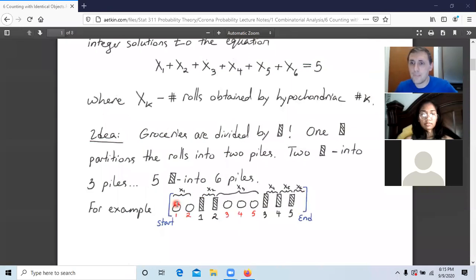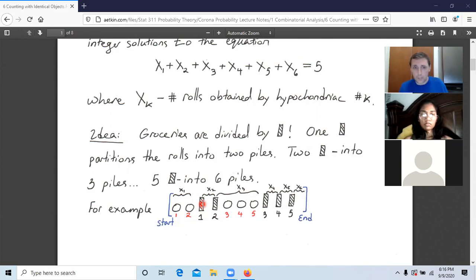Imagine a camera from above, making sure nobody steals anything. This is what you see. The hypochondriacs place their toilet paper rolls on the road, from the start of the road to the end, and we have identical blocks that partition what each person gets.